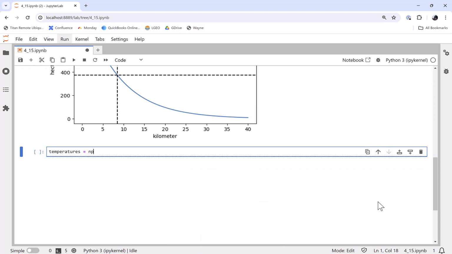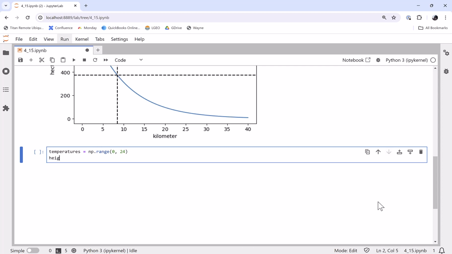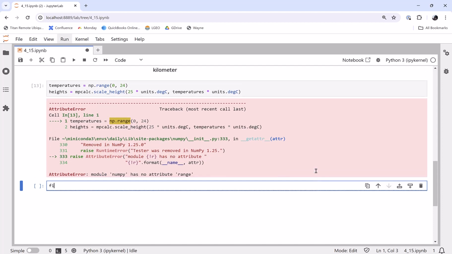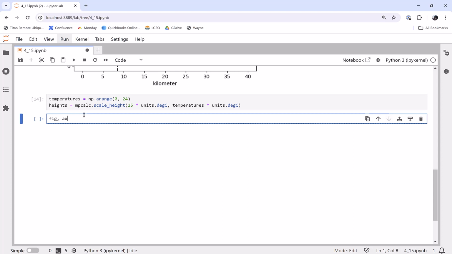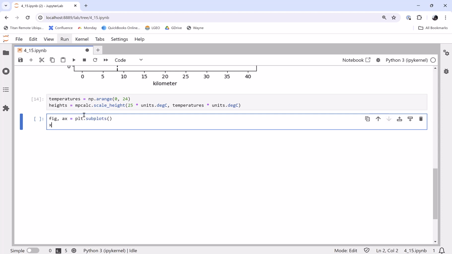We could set a temperature range from 0 to 24, use the scale height, start at 25 at the surface, and temperatures, assign our units. Oops, a range. We'll make another plot, and this time let's do a scatter plot.